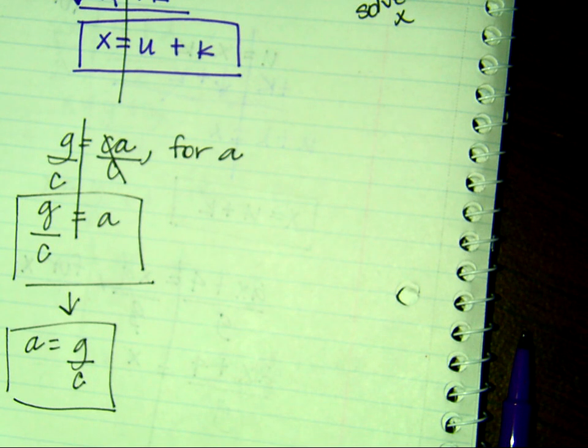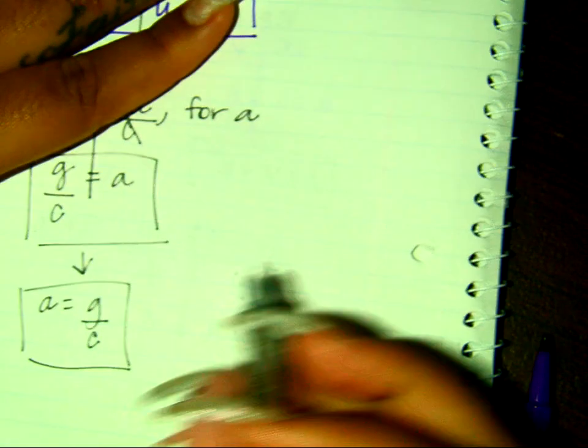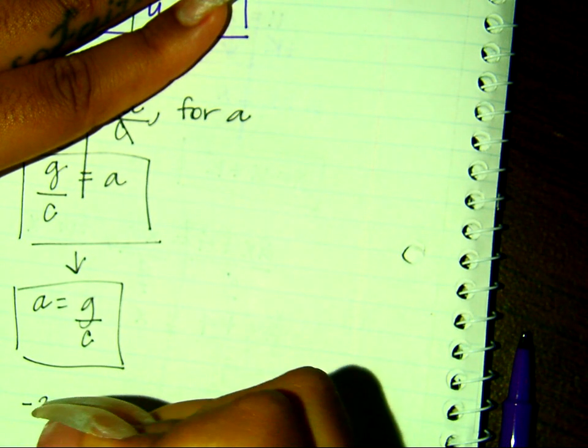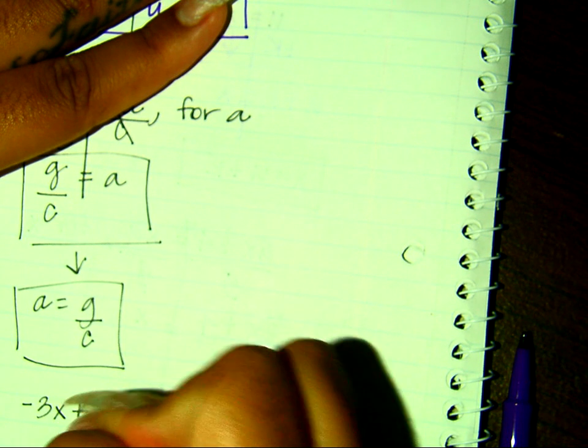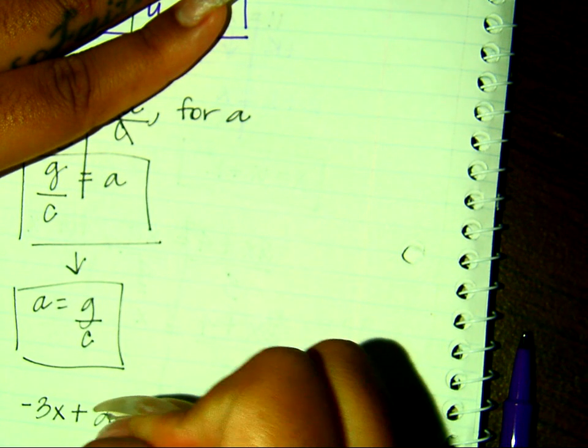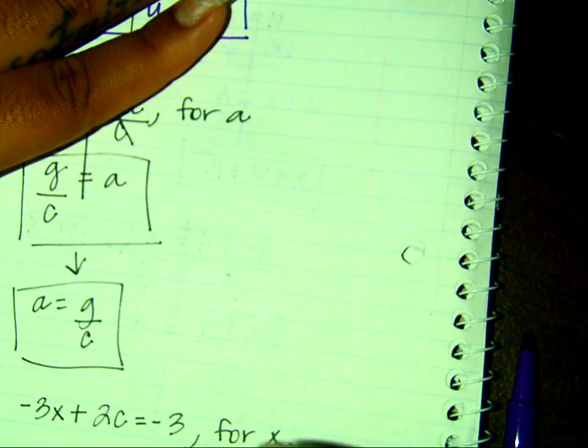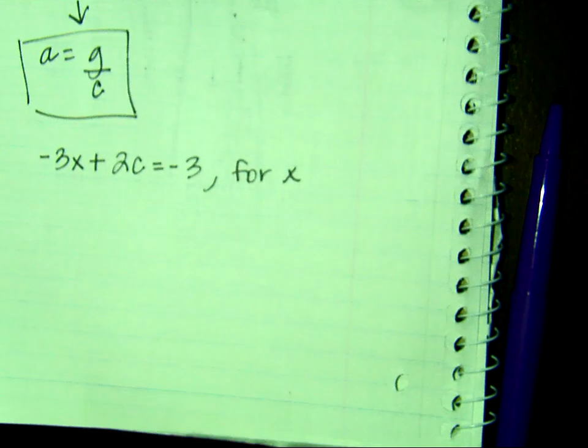Let's turn this up a notch a little bit. What if we had negative 3x plus 2c equals negative 3, and I want to solve for x.